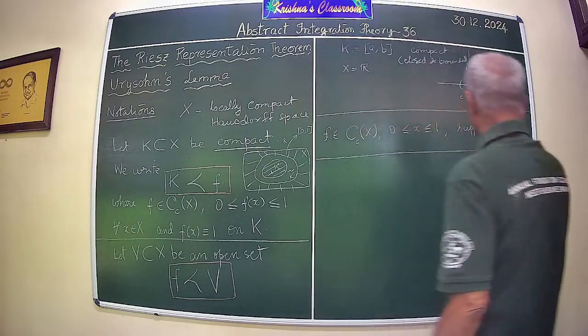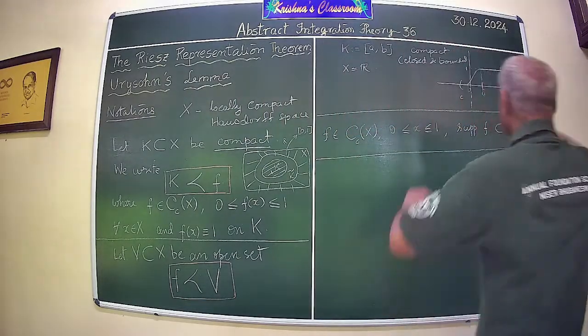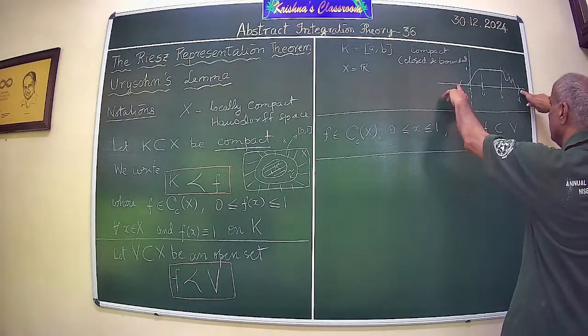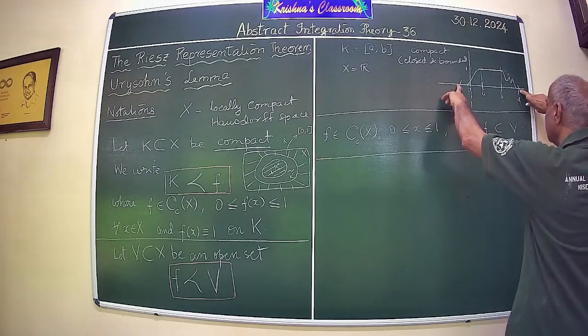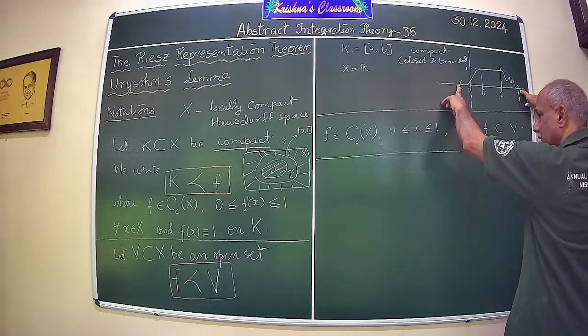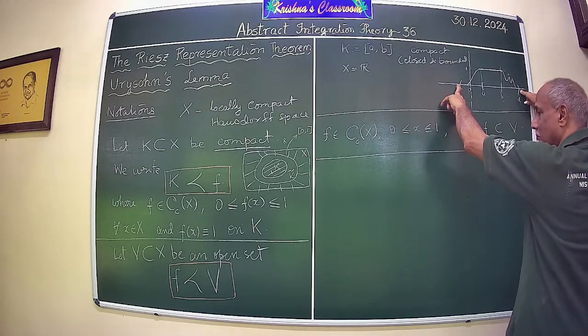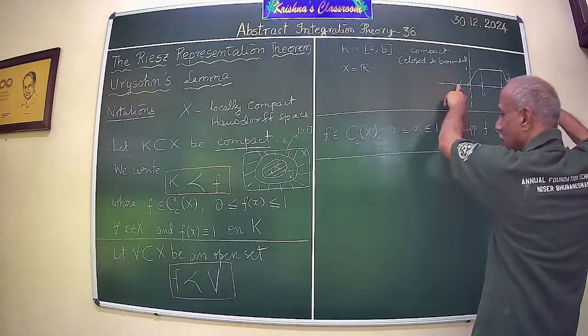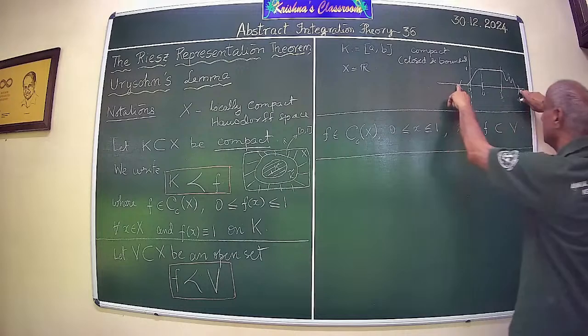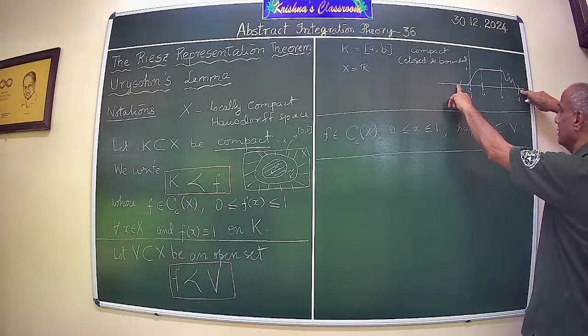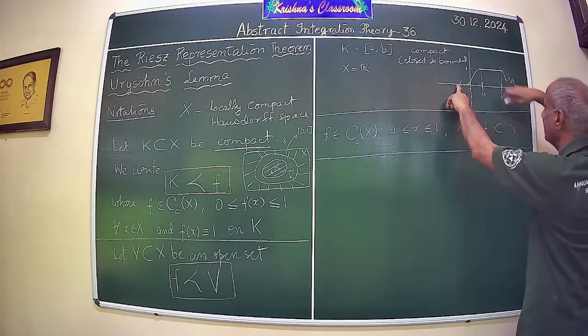Now that's obvious. In this situation we take V as the interval (c, d). It need not be an interval at this time, but we are making it more visible and simple. So this is an open set, and K is compact.